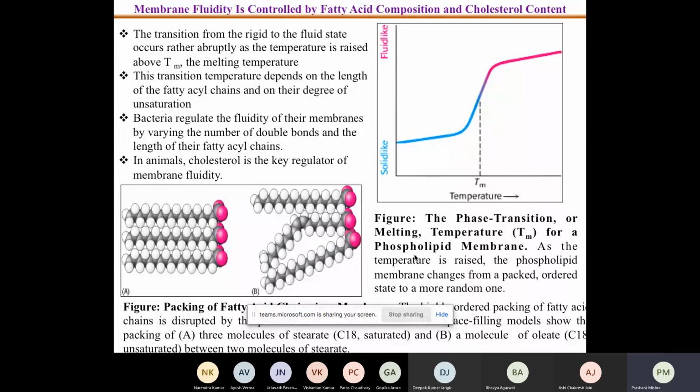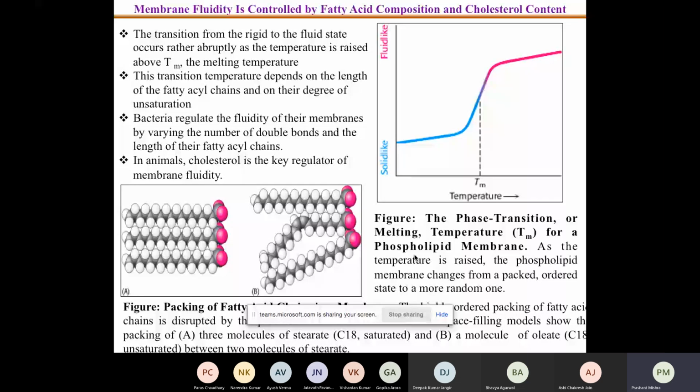Now tell me, will there be a change in the composition of the membrane of the E. coli which is shifted from 30-degree temperature to 10-degree temperature? And if there is any change in the membrane composition, what should it be?